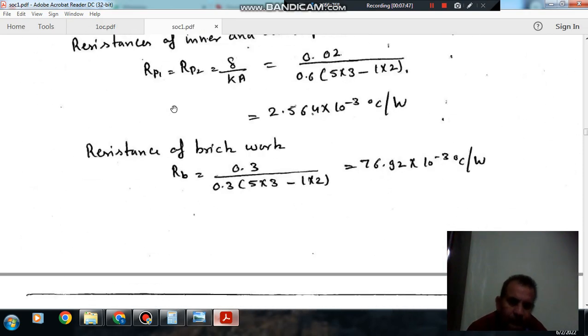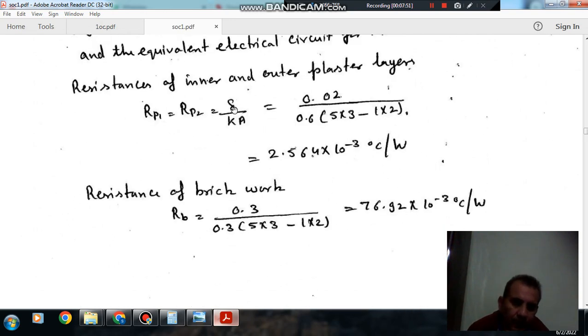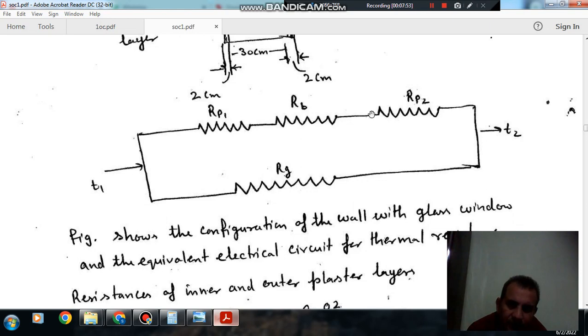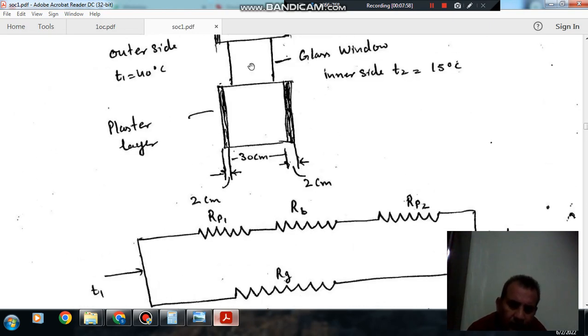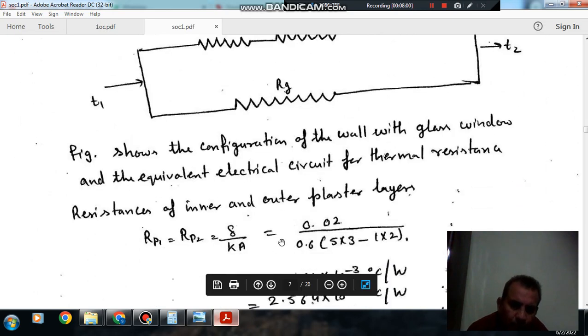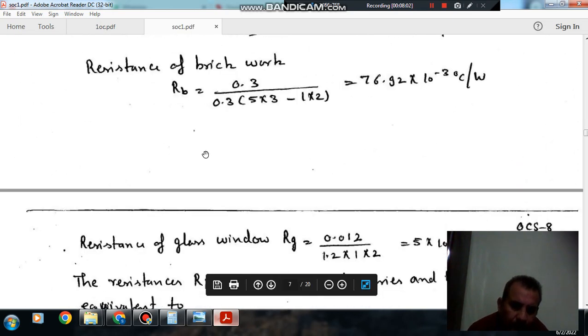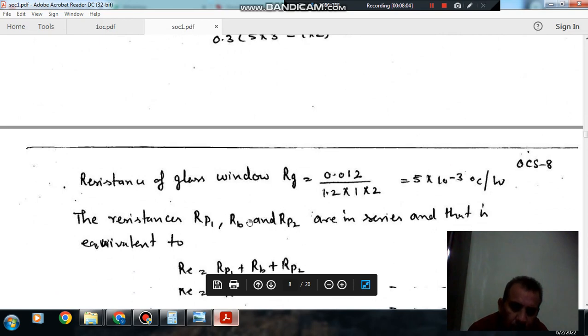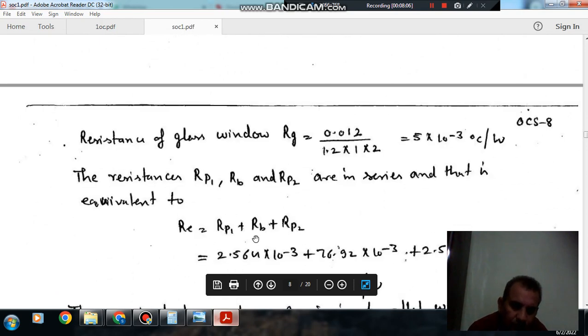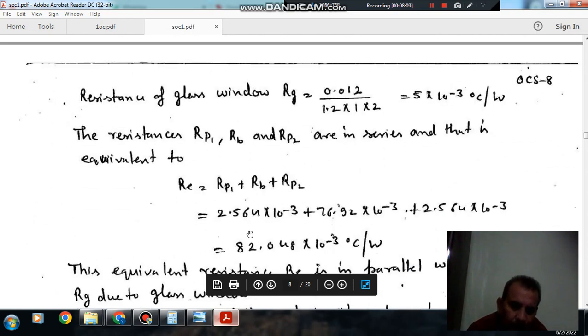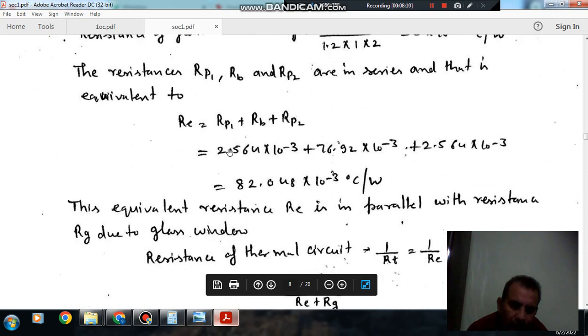So this is the resistance of this portion, and this is the resistance of the glass window. These three resistors are in series, and the resistance of the glass is in parallel with them. So first of all we find the total equivalent resistance of this wall branch. That will be RP1 plus RB plus RP2.